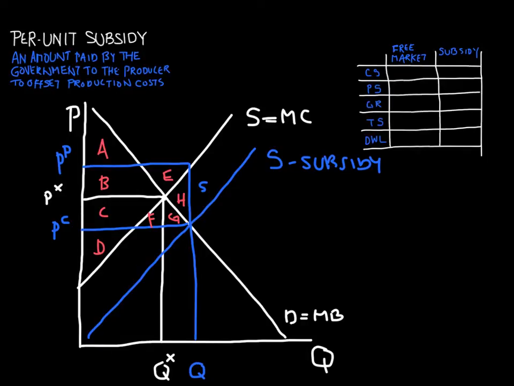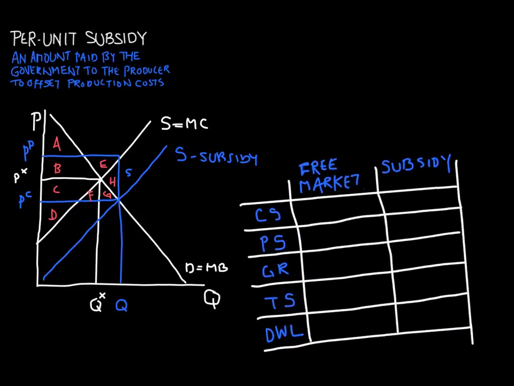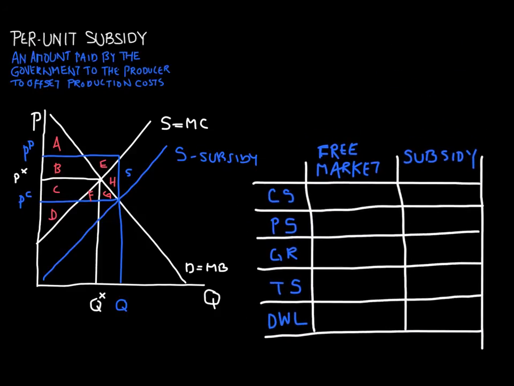Now, using those letters, we can then look at what's the welfare before the subsidy in a free market, and then we can compare that to the welfare, the total surplus, after the subsidy. So let's do that. I'm just going to move this one over to the side a little bit and bring out our welfare table right here, and we can go through this together. I think you can immediately see that when the market price is what it was before a subsidy, P star and Q star, consumer surplus will be the area below the demand curve and above what consumers pay.